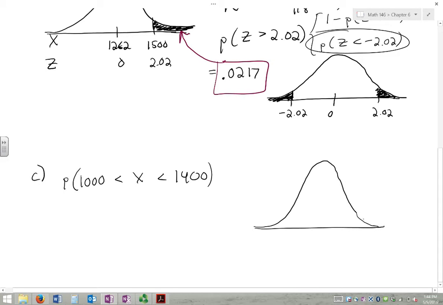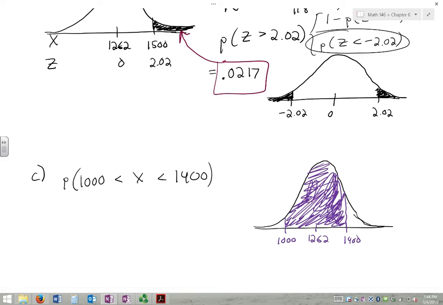It applies to any word problem in algebra, and I would apply the same things here. Okay, so again, we have 1262, and we want to find, I'm just going to eyeball this, 1,000 to 1,400. So what we're trying to find is this area in here. What is the area of that?